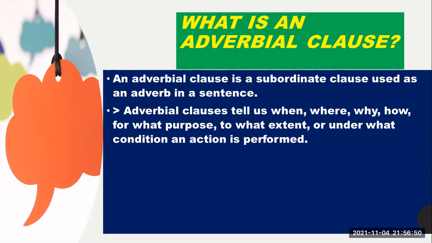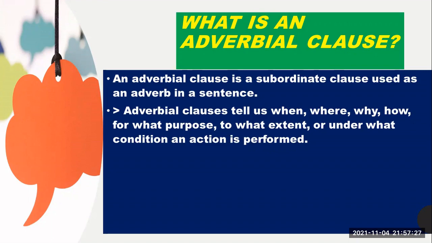Well, you will find a video that discusses this topic in greater detail, talking about adverbs, how to use adverbs correctly in English. Check the description section below and you will find a video lesson that explains how adverbs are used in English sentences. Now, today our focus is on the adverbial clause.